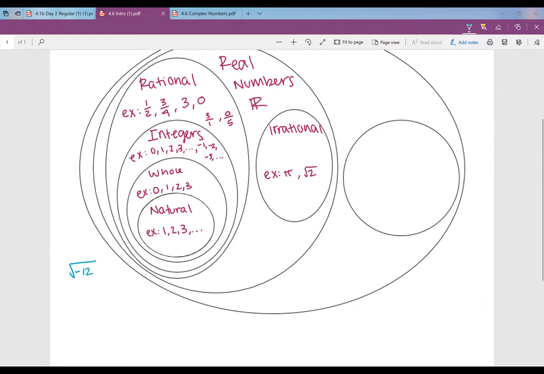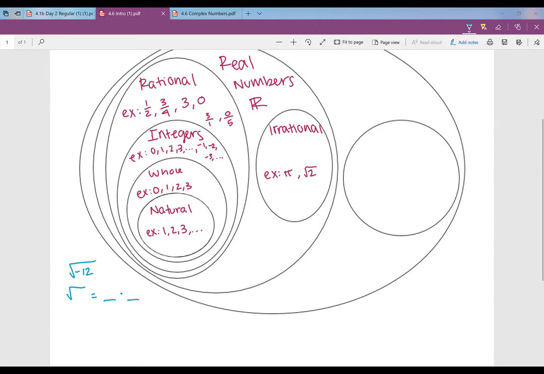Right? So they need to find maybe the square root of -12, but they can't take the square root of a negative number, right? Because the square root means we're looking for something times itself, and we can't get the same number times itself to get a negative number. So they were always running into these problems, and they would have to start over and try and find a new way to solve these problems.